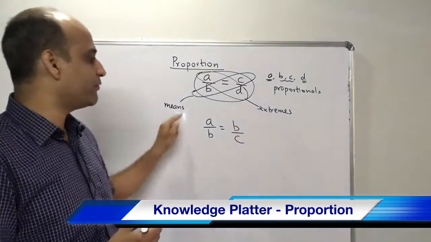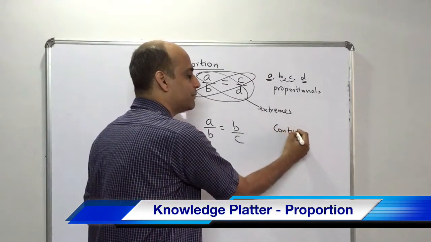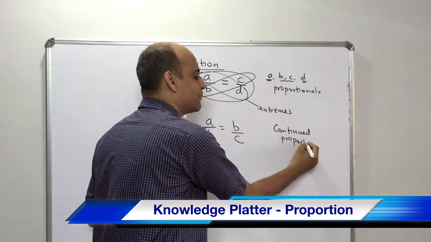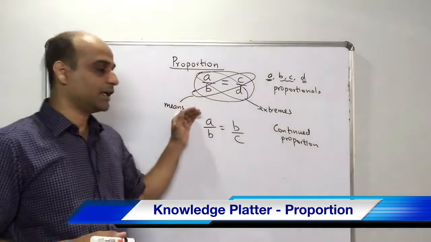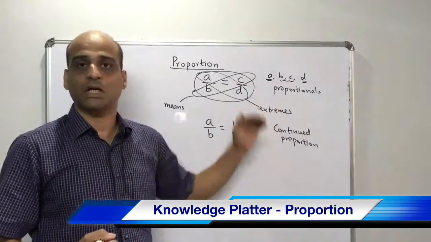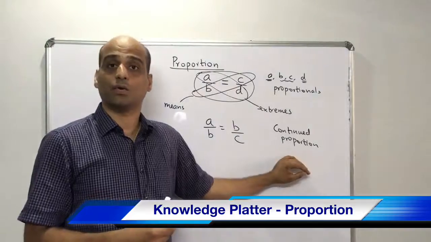Such a type of proportion is called a continued proportion. So here we get a continued proportion. Whenever you have A upon B equals B upon C, likewise you can extend C upon D, then D upon E and so on. What we get is a continued proportion.